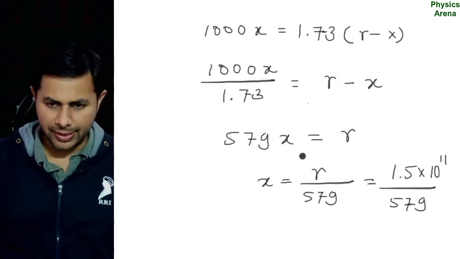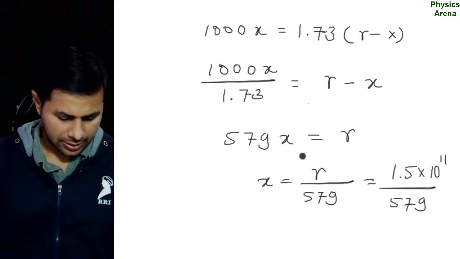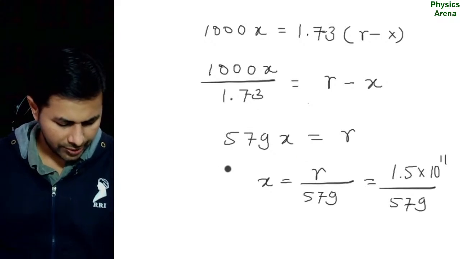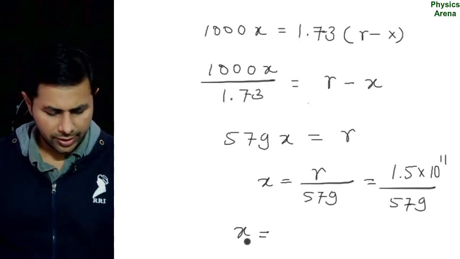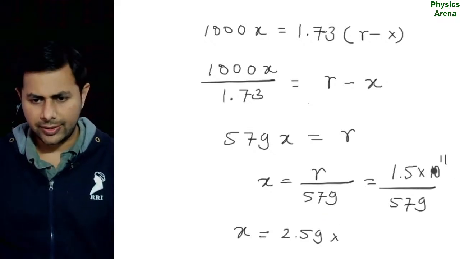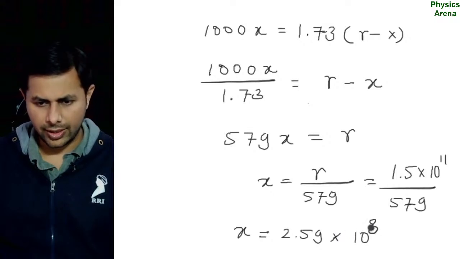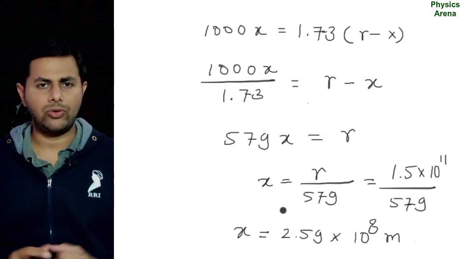So it is 1500 divided by 579. Okay, so it is 2.59. So x is roughly 2.59 multiplied by 10 raised to meters. All right, so this is the answer. So have you got the answer?